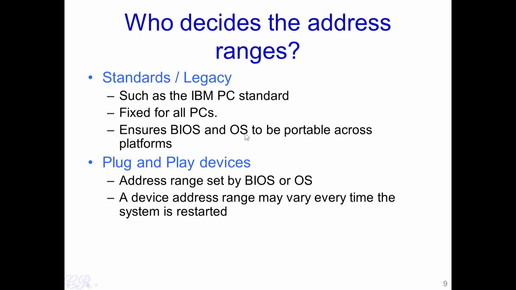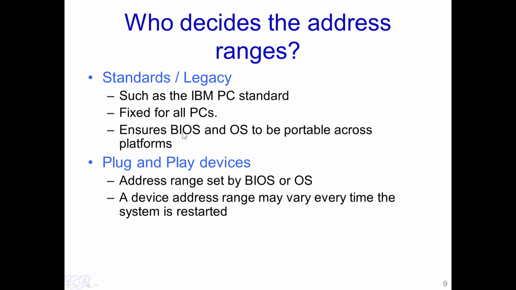So, I could make a lot of assumptions about where various devices are present in the system. So, having such a standard would essentially ensure that the software that we write, especially the software that interacts with the hardware such as the BIOS and the operating system, will be portable across several different platforms.